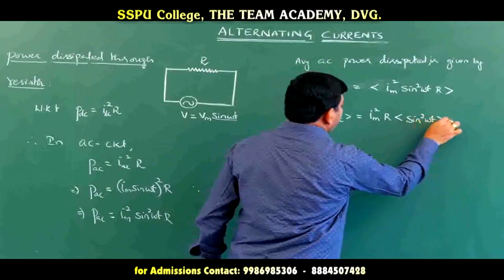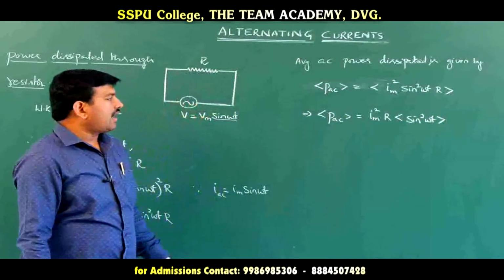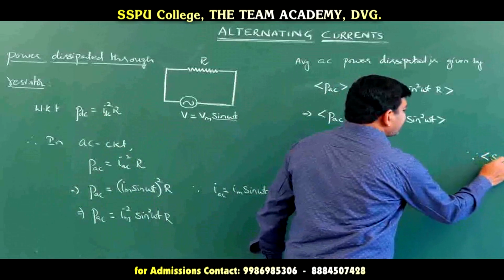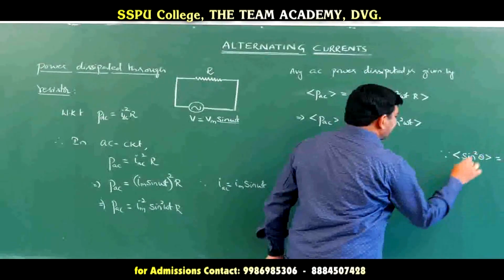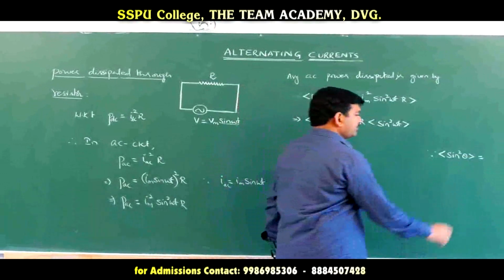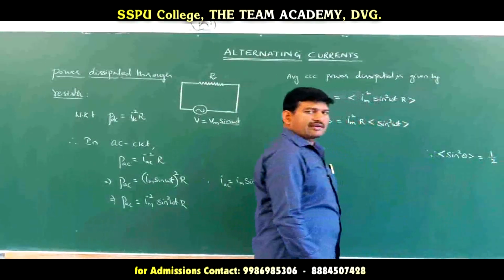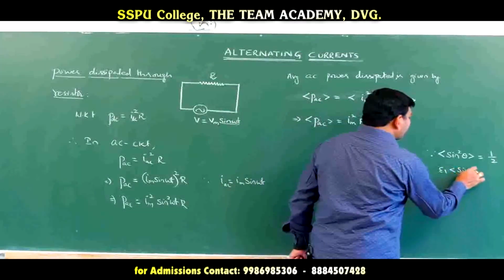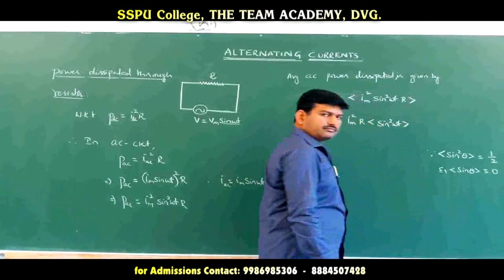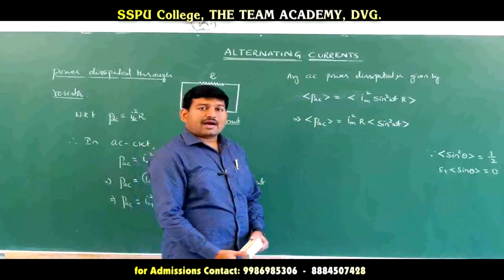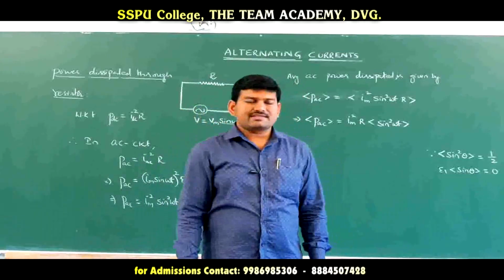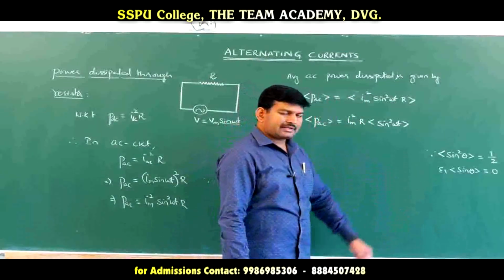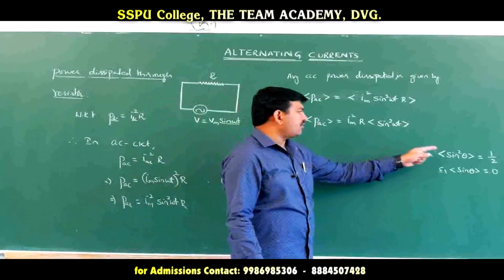sine square omega t. But what is the average value of sine square? Mathematically, we can show that the average value of sine square theta over a full cycle is always equal to half. Whereas the average value of sine theta over a full cycle is always equal to 0. I will show you this later, but now I am directly taking the average value of the sine square term.